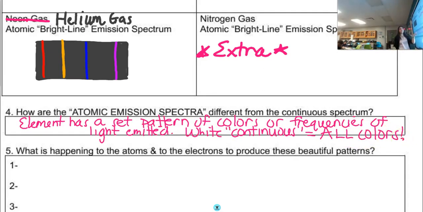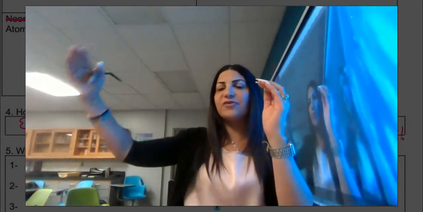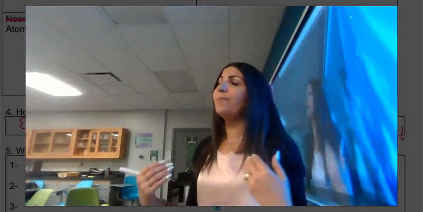So with white light, we get all the colors, but if it's an element, you're only going to get specific frequencies of light. Okay, so let's talk about what's happening to these atoms. We know that the atoms have different levels of the electrons. And what happens is these electrons are actually going to jump from one level to the next level when they absorb energy.